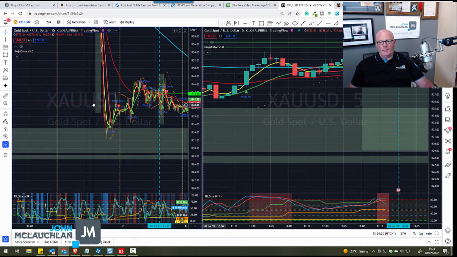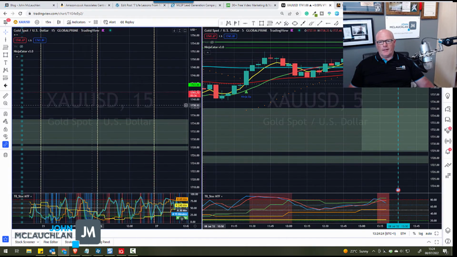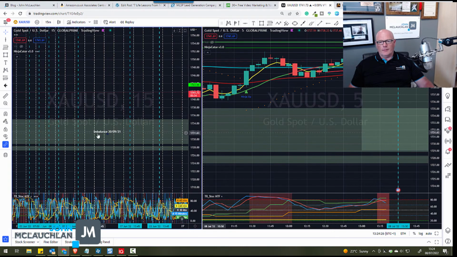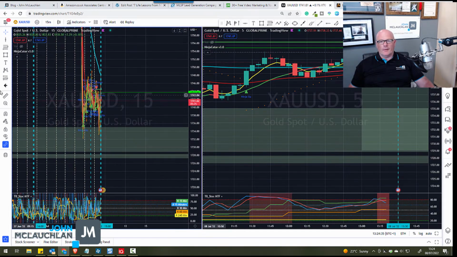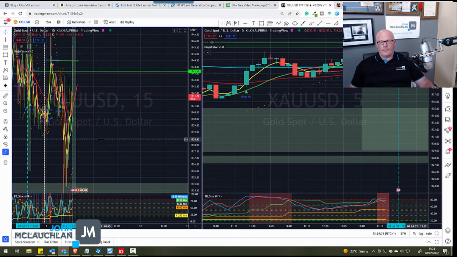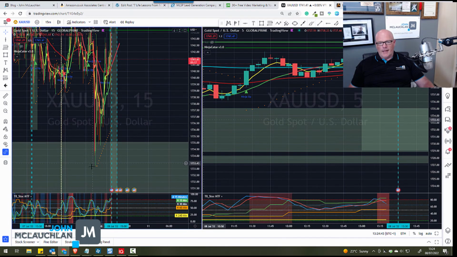So this imbalance was actually created, I think, back in December. No, sorry, the 30th of September of 2021. Okay, that's when that imbalance happened. So that imbalance is still there. It took it out a tiny bit.